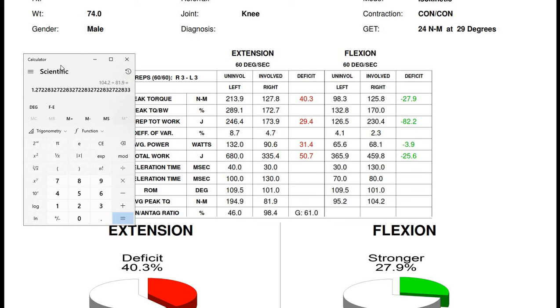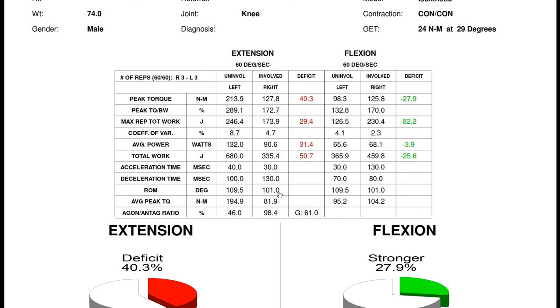And then there's our lovely ratio, and we're going to ruin it by making a percentage. So 127% deficit, because you can see the average peak torque of the hamstrings is greater than the average peak torque of the quadriceps, so there is a significant issue here.